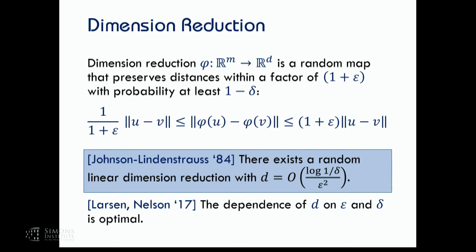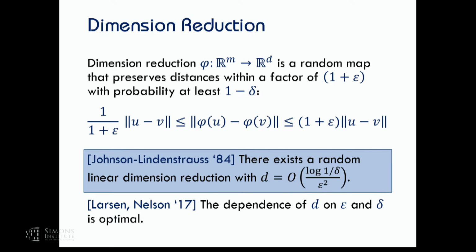More precisely, we consider a map that preserves the distance between u and v up to a factor of 1 plus epsilon with probability at least 1 minus delta for every u and v.